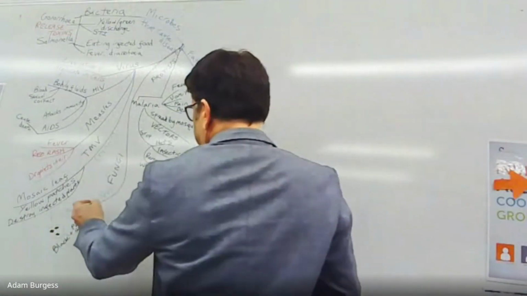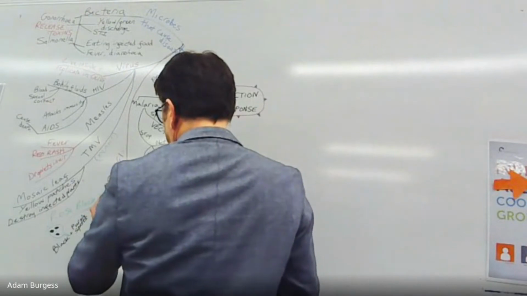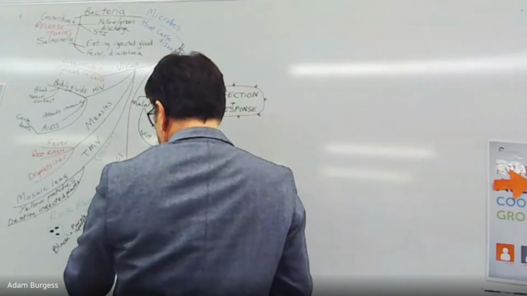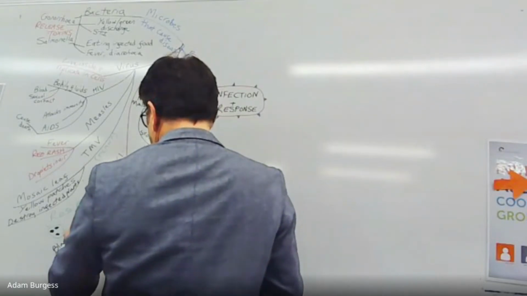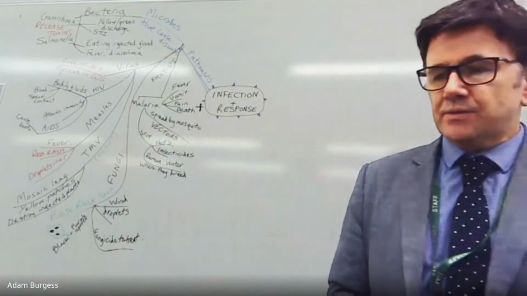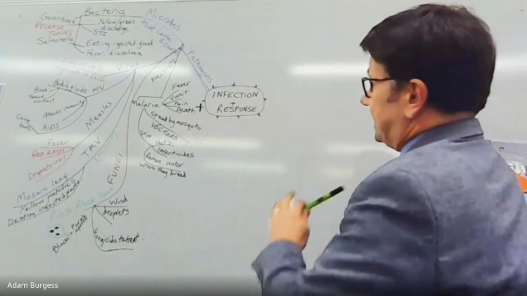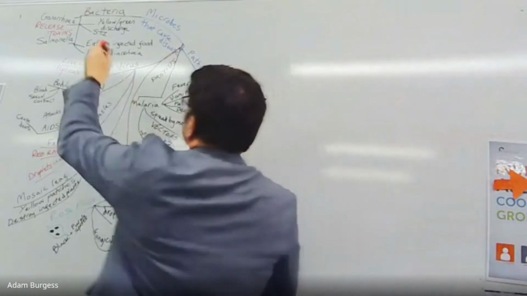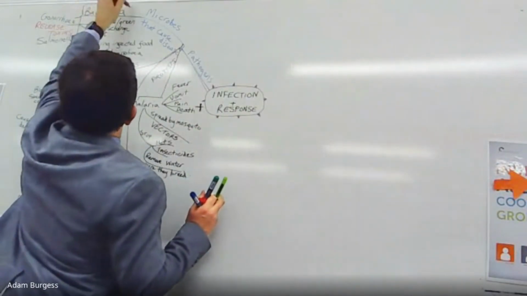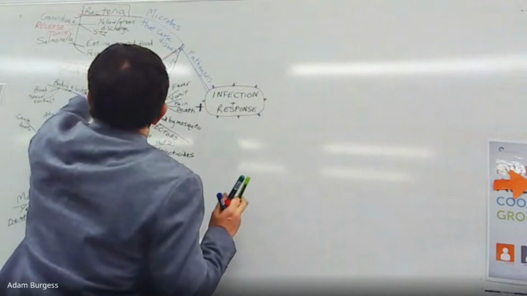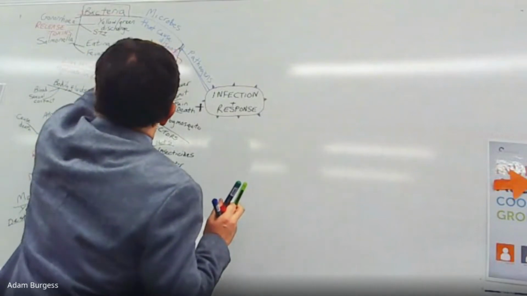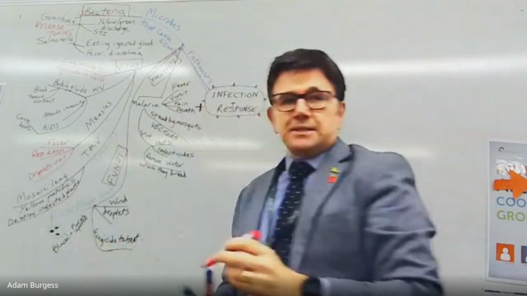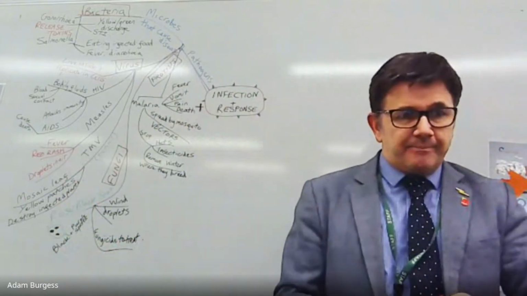It's spread by the wind and by droplets, and you can use a fungicide to treat it. So those are basically all the pathogens: bacteria, viruses, protists, and fungi. And those are all the diseases you need to know about for the exam.